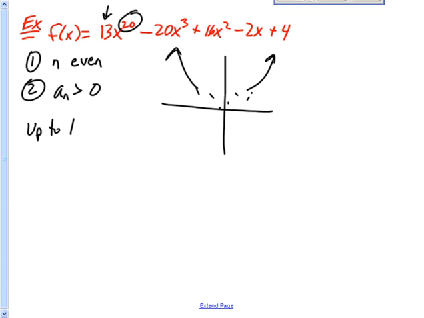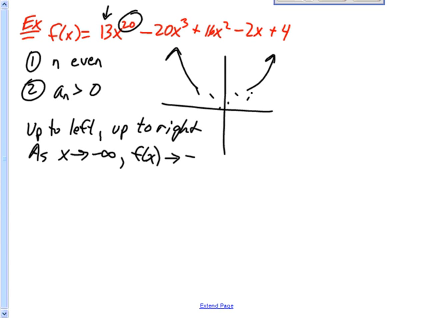So as x goes to the left, f of x goes in the positive direction, and as x goes to the right, the y value goes in that positive direction.